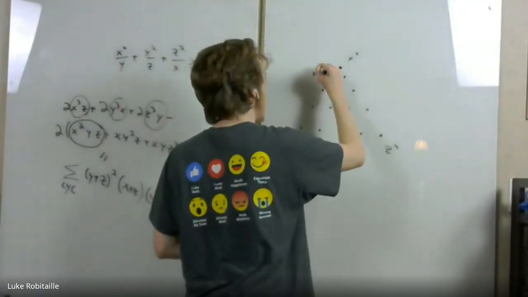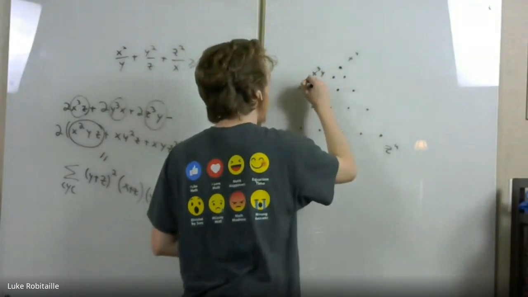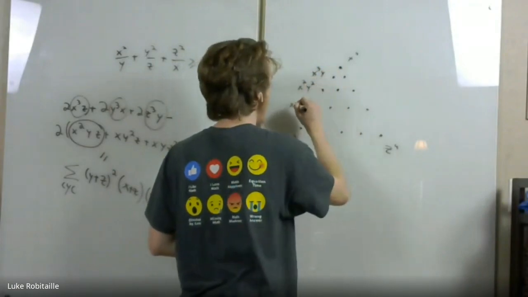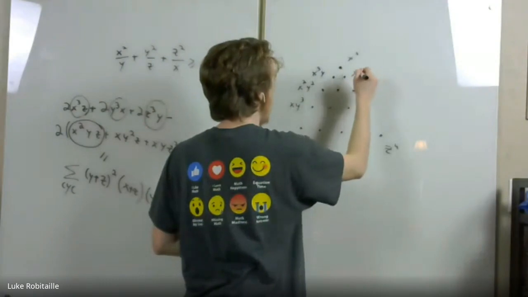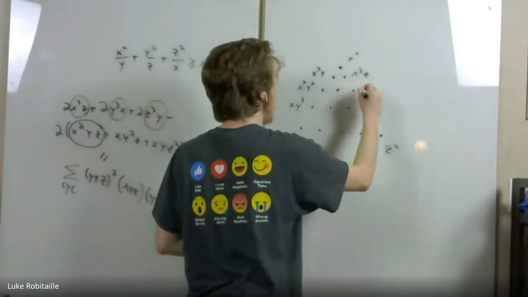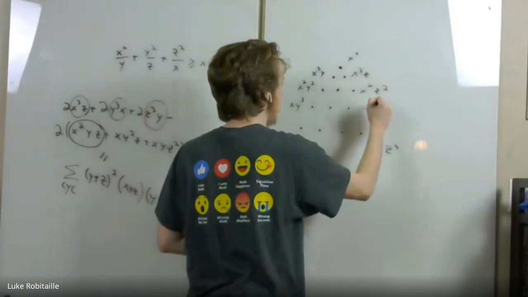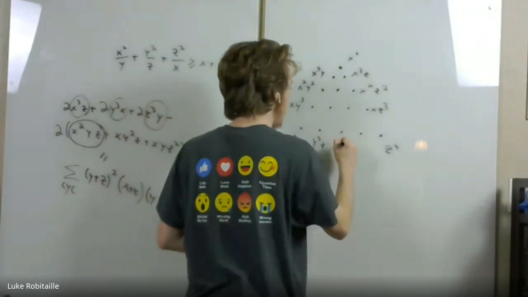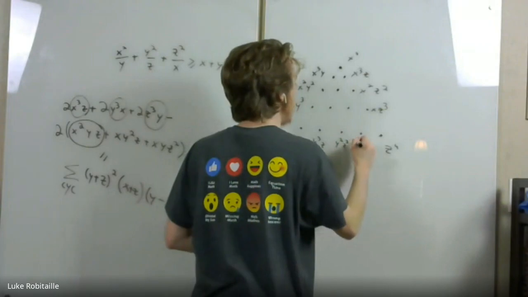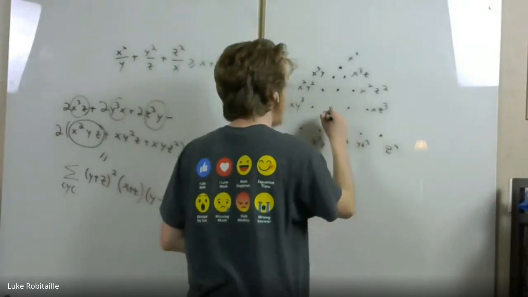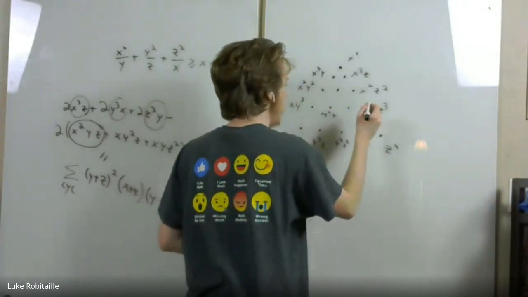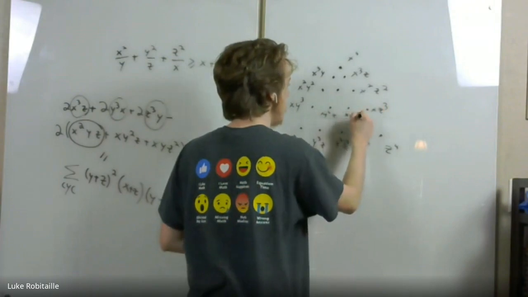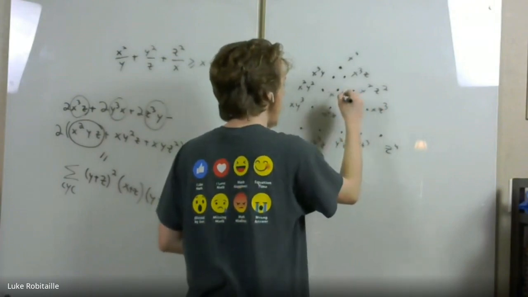Going down to the left will change an x to a y. Going down to the right will change an x to a z. And so you can see this as a nice graphical representation of this stuff.